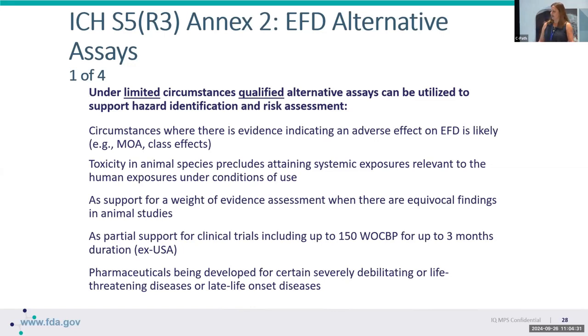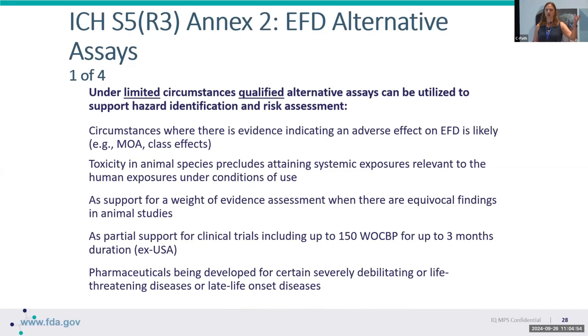And then again, under certain circumstances, if these assays are qualified, they can be used to support hazard ID and risk assessment. One circumstance would be where the adverse effect is likely, so the mechanism of action of the drug is such that it's a teratogen, or that class of drug is a teratogen.